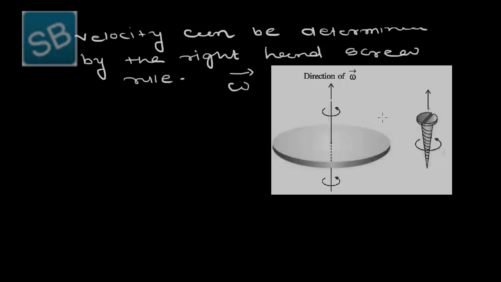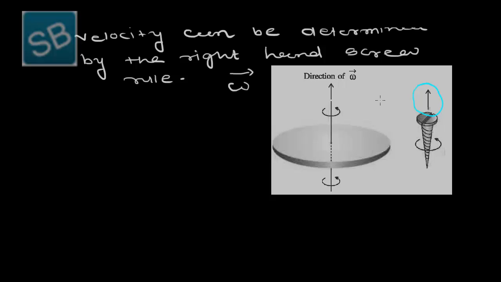If your particle is moving in this direction, then according to the right hand screw rule, the direction of velocity is along the north direction, or upward, because the screw is rotating in this way. So the screw will come outside of the wall, and hence the direction of velocity is upward.